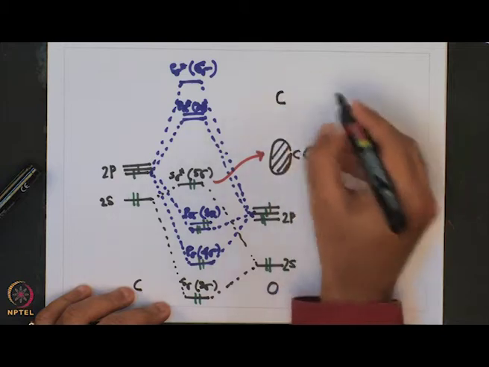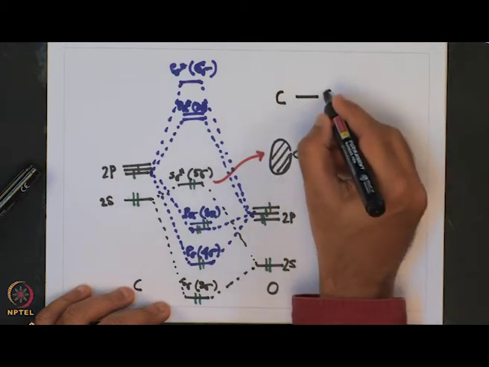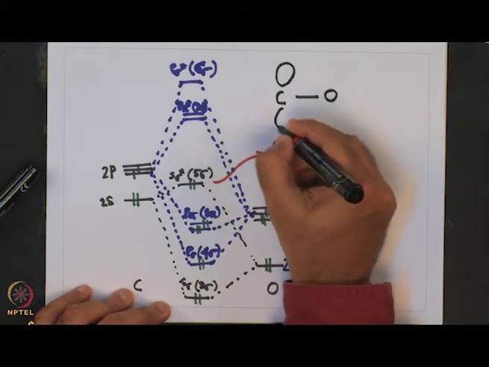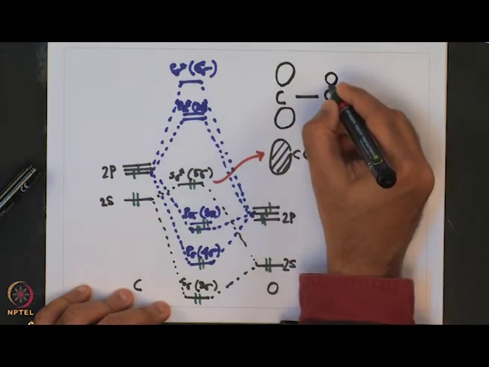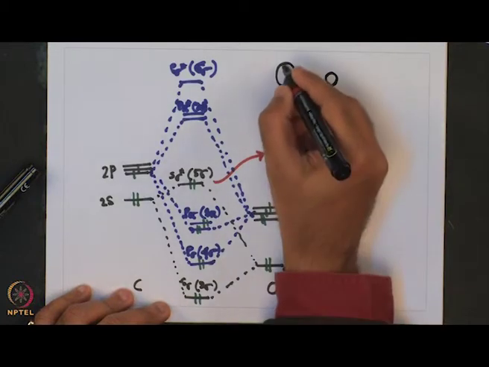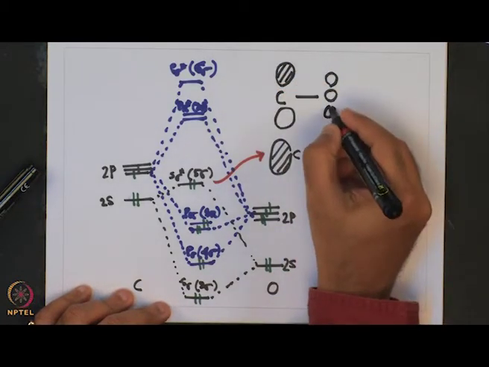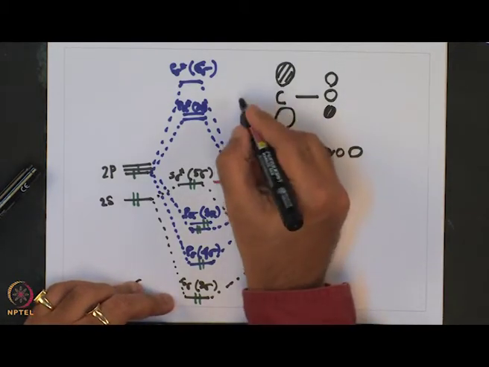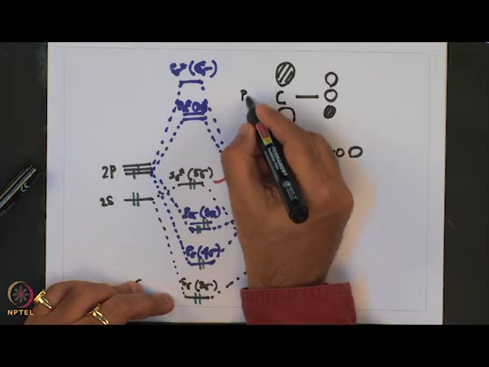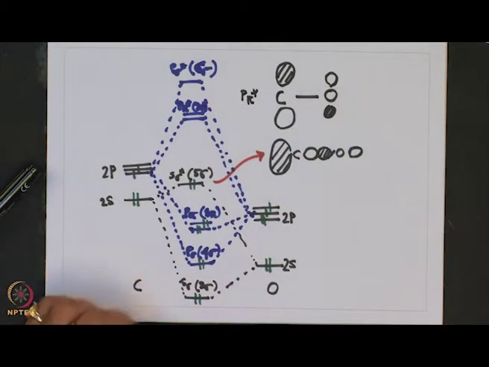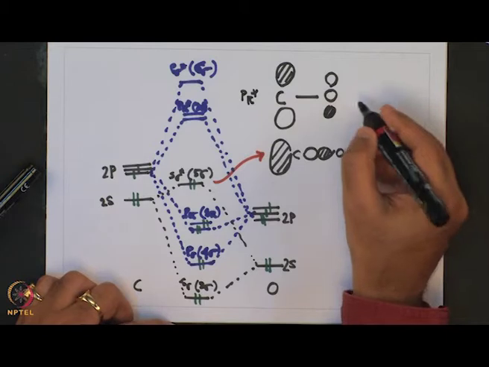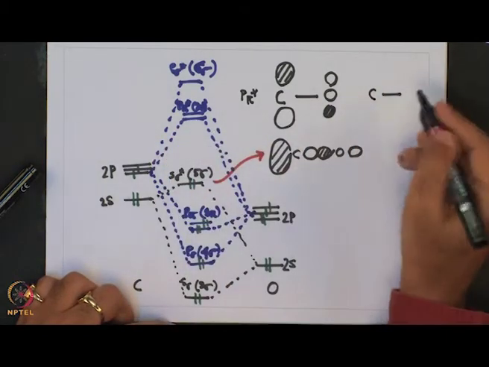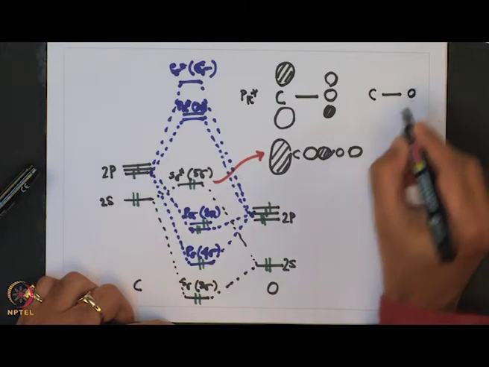So, the pi star would look like this. This is P pi star. So, one orbital would look something like this. This is degenerate, so it has 2 orbitals.